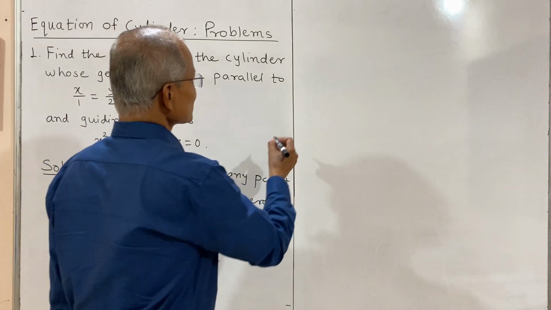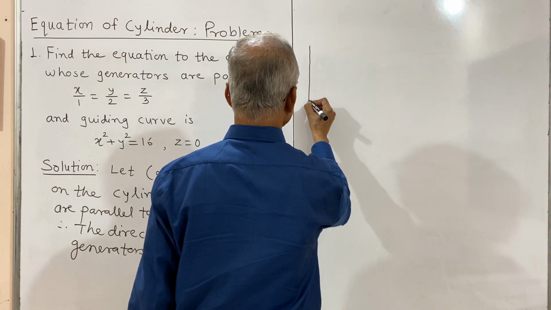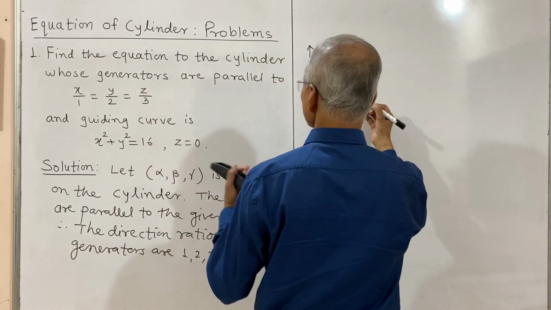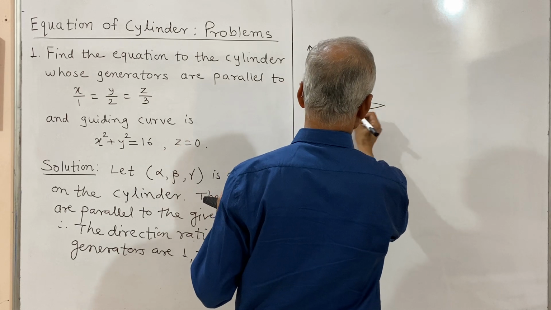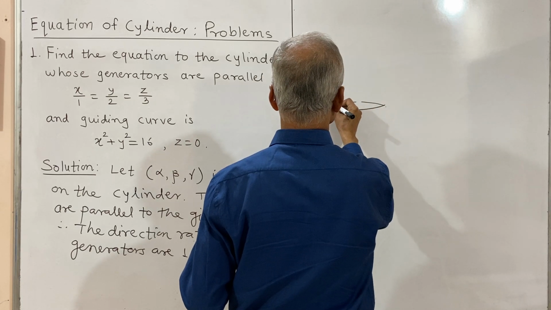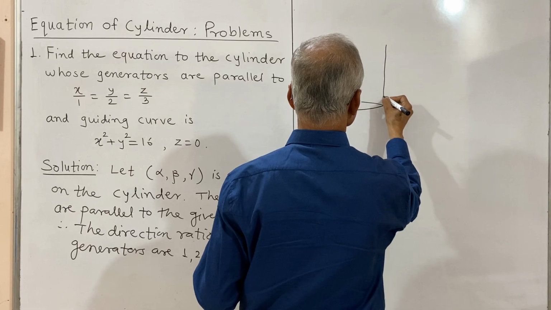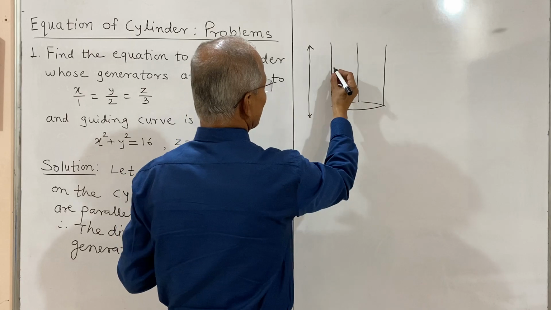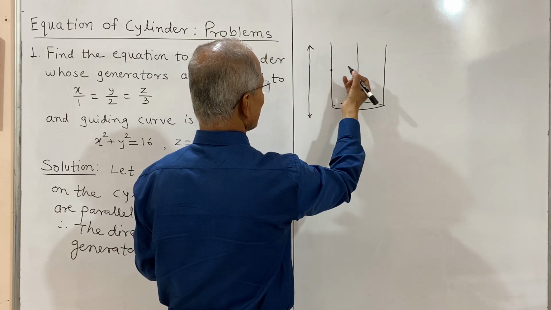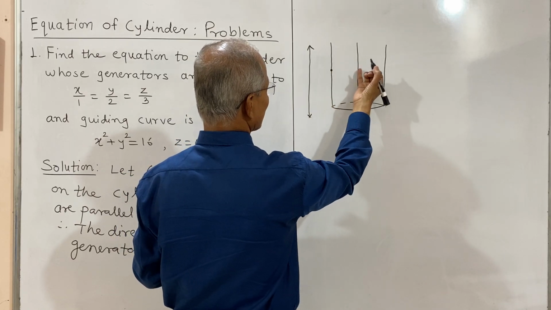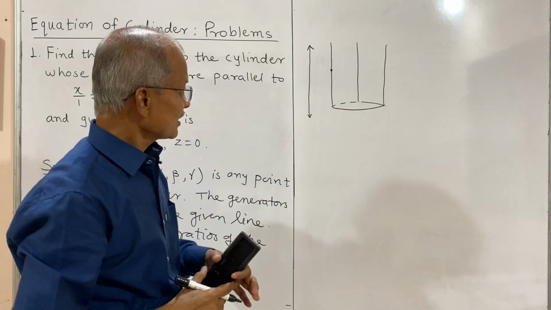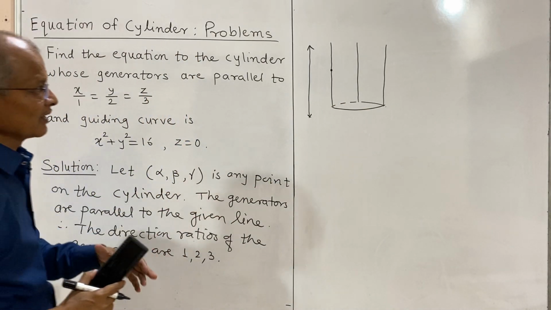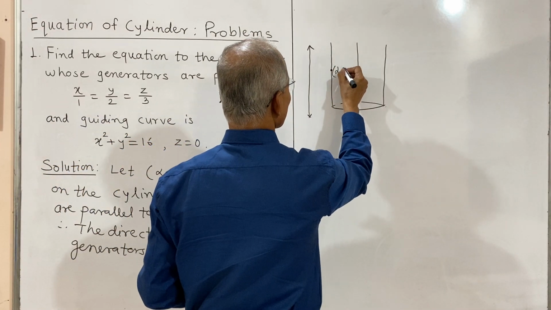So this is the given line, and the guiding curve is a circle in the xy plane. The generators may be considered like this, and all these generators are parallel to this line, and we are considering a general point on the cylinder, maybe here or anywhere on the surface, as alpha, beta, gamma.